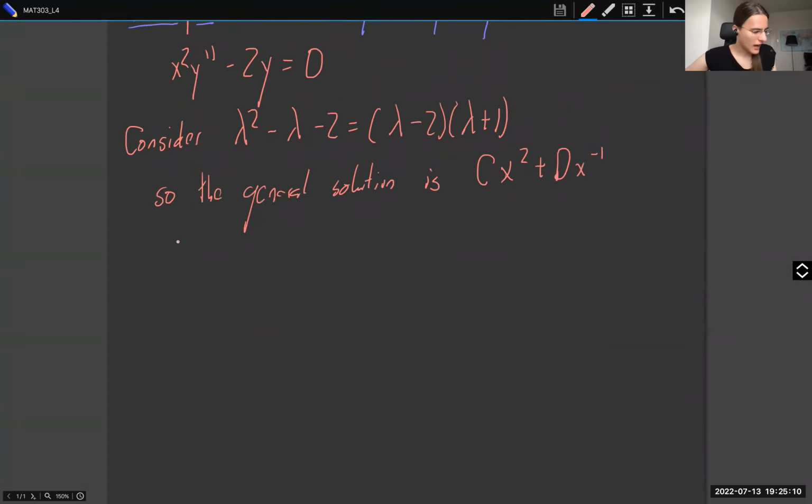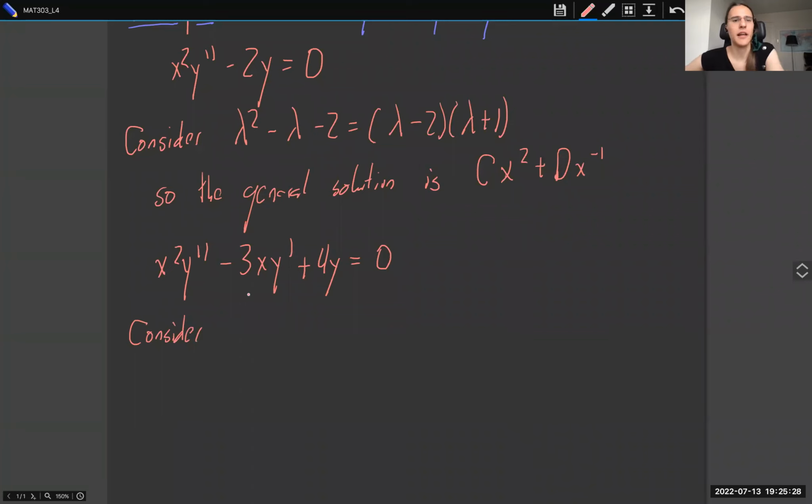Sure. Okay, now we're going to work with x squared y prime prime minus 3 x y prime plus 4y equal to 0. So what do we consider in terms of lambda?